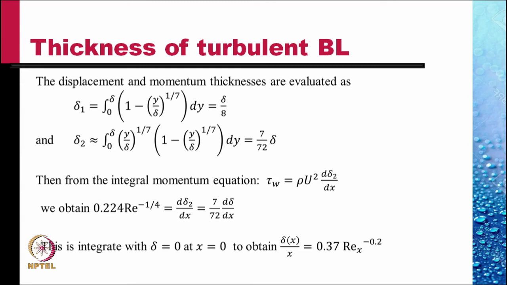With these, the values of delta 1 and delta 2 are obtained as delta by 8 and 7 delta by 72. And then from the momentum integral equation, using the appropriate relation for tau w, we obtain that for the turbulent flow, the thickness of the boundary layer grows like this.